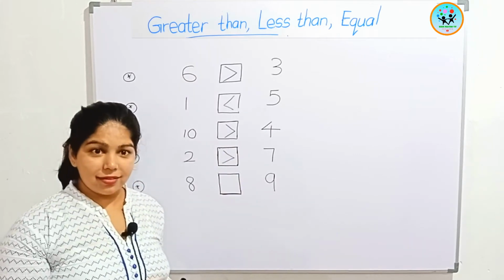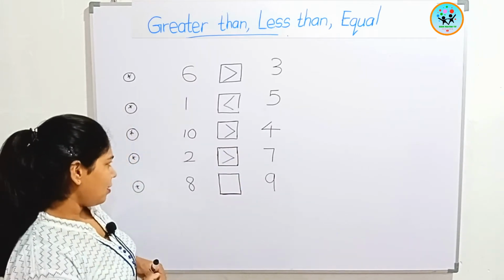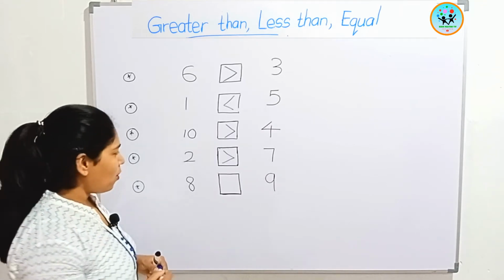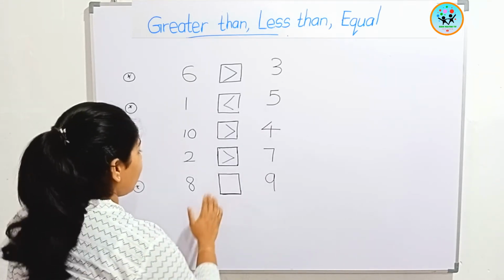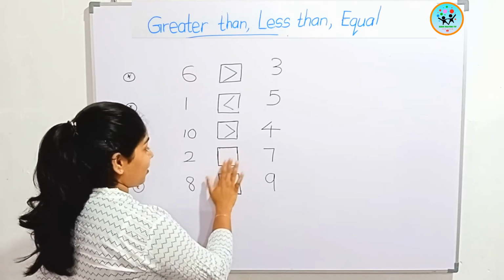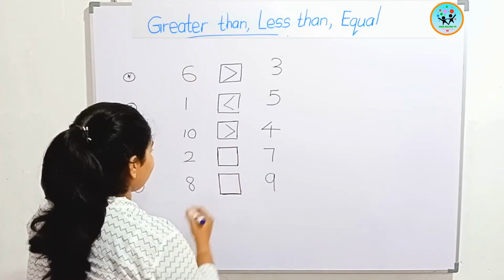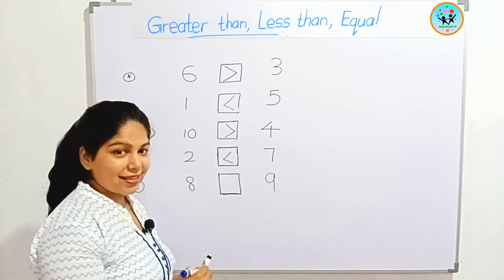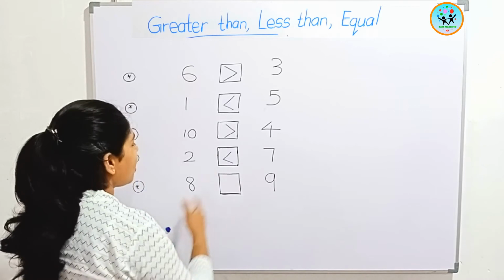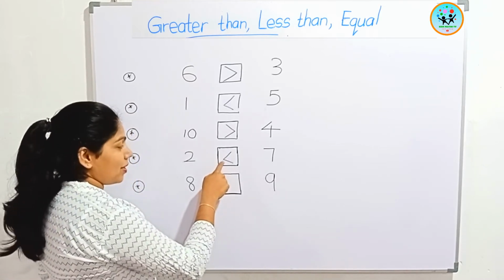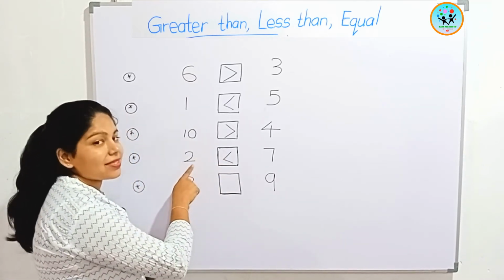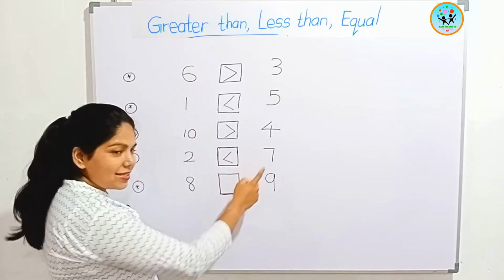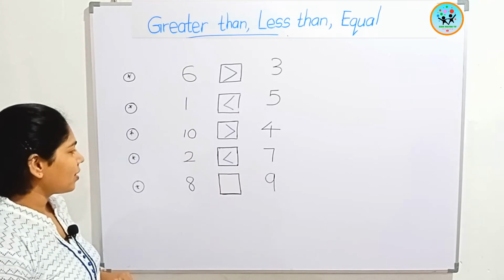Is it correct? Yes, it's correct. No? That's wrong. It should be like this. Yes. Close mouth of the symbol towards less number. Open mouth of the symbol towards greater number.